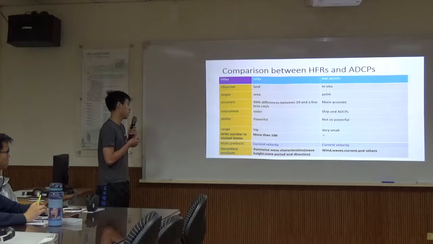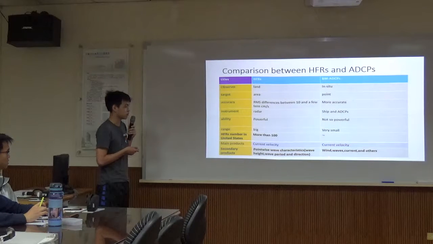So there are 100 HFRs in the United States, and the main product is current velocity, and for ADCPs it is also current velocity. The secondary product is point-wise wave characteristics: wave height, wave period, and direction. And for ADCPs it is wind, wave, current, and others.